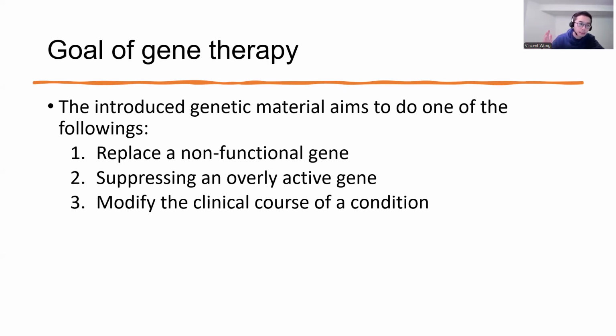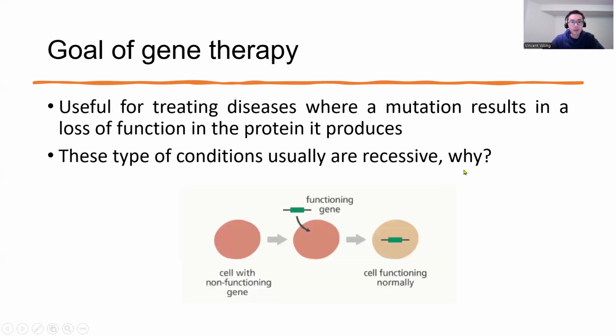It's hard to reverse the disease in many cases, but we can alter it in a way that it's going to be manageable and minimize the effect on the quality of life. So we're going to be looking at these three things in more detail, starting with the first one.